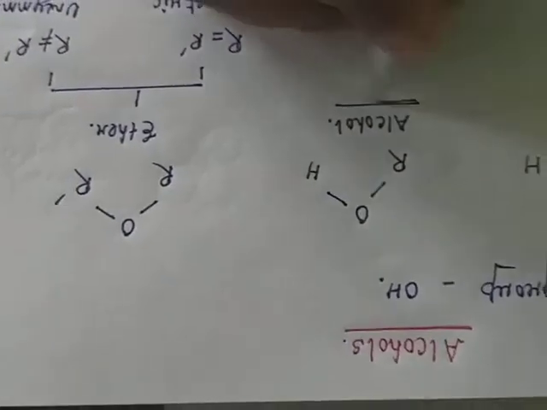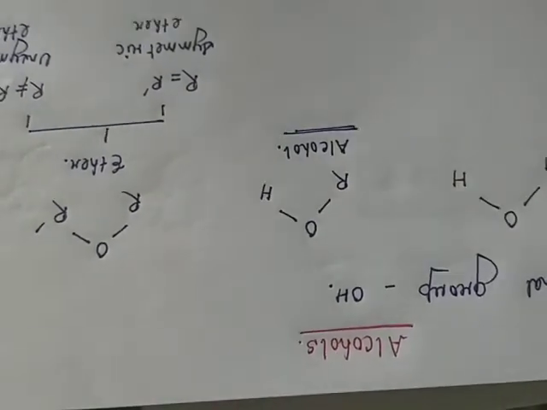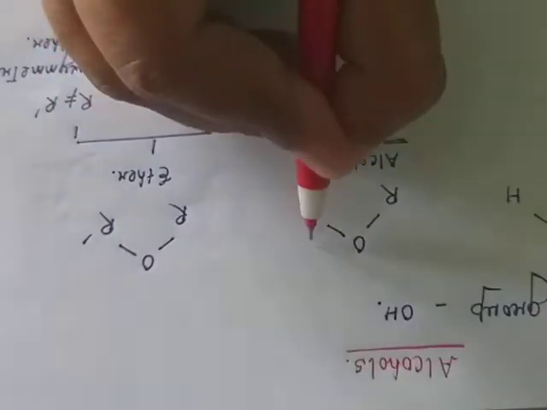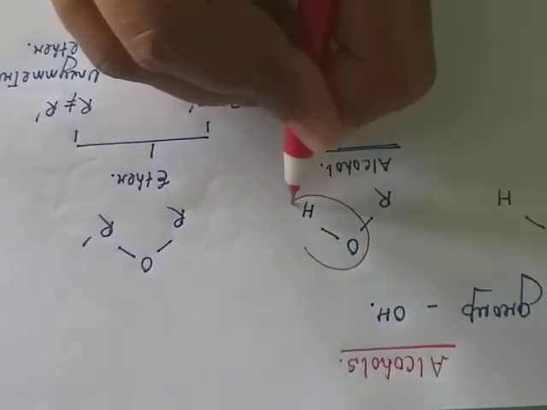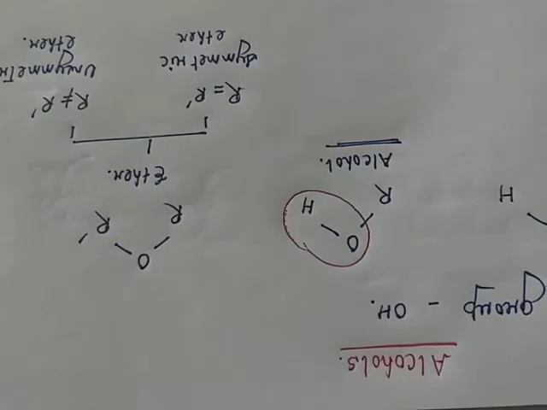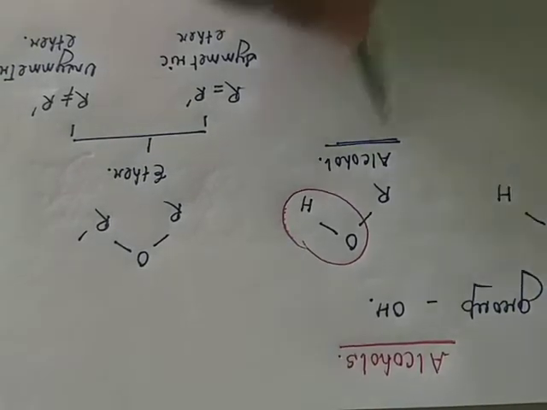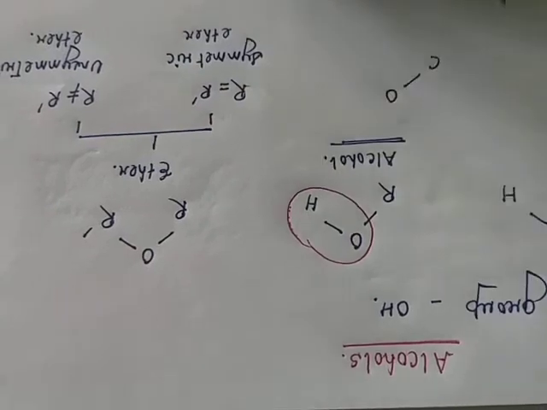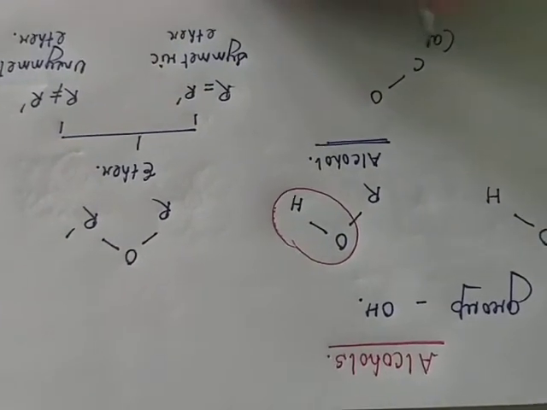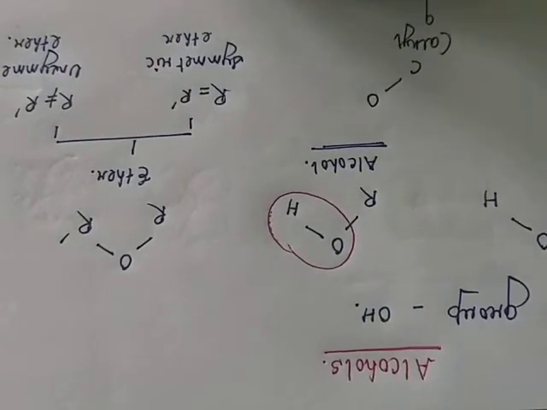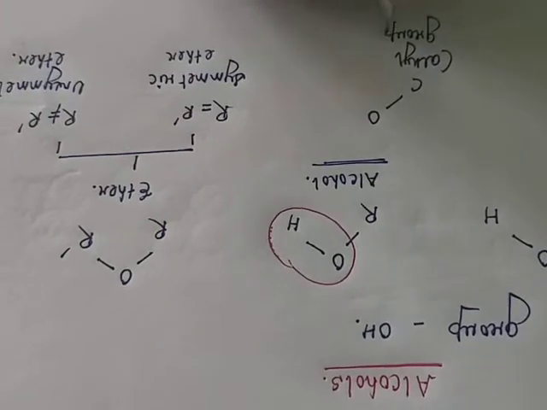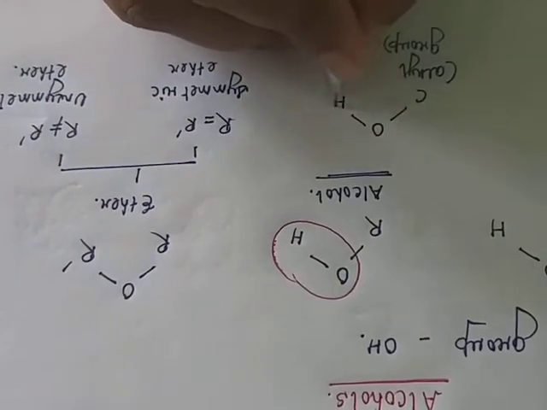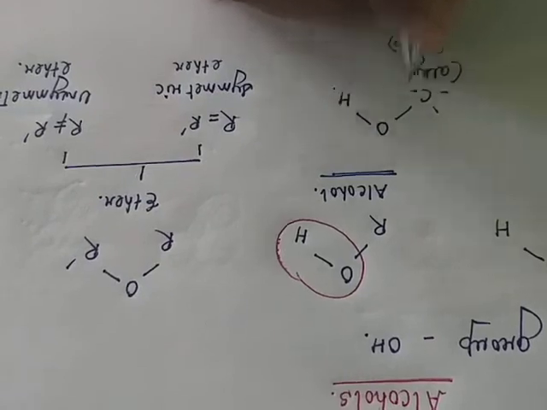In alcohol, the functional group is OH. Here the bond polarity plays an important role, and in fact it is the oxygen which is bonded to the carbon of the alkyl group, as well as bonded to hydrogen.